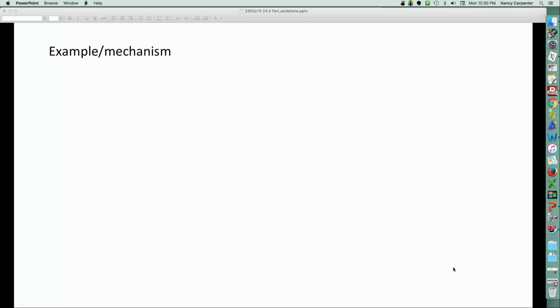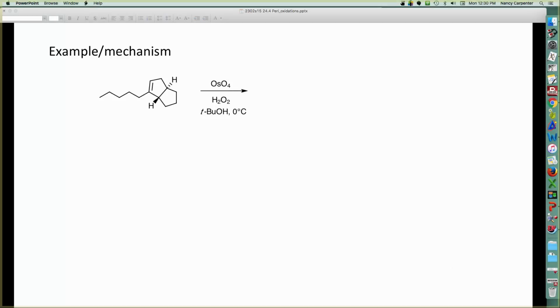Alright, well, let's look at a real example again with a little bit more on the mechanism for explaining the stereochemistry. So here is, in fact, the osmium tetroxide that's going to give me the syn stereochemistry, and here is my co-oxidant, hydrogen peroxide. Hydrogen peroxide is a pretty safe reagent to use, so that's a good choice.